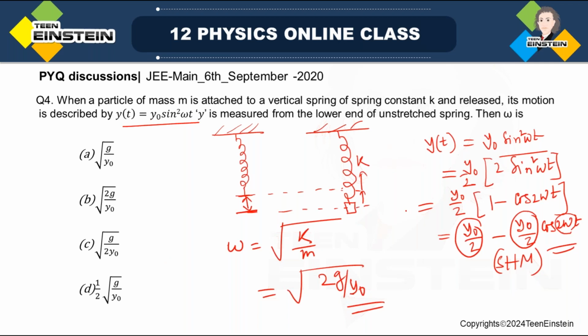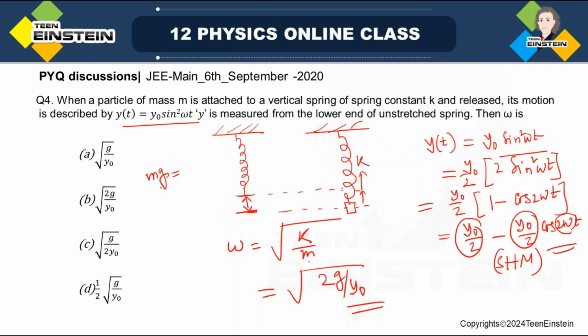I'll just repeat, so as not to confuse you. We know this omega is root of k by m, but what is k by m? We have to express it in terms of y naught and g. For any spring, k by m, but in this case we have to write the force mg, and this will be exactly equal.